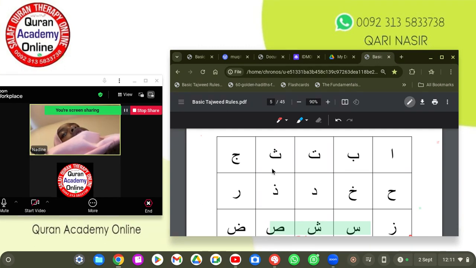Sheen, seen, za, ra, zal, dal, ka, ha, jim, tha, ta, ba, and alif. Nice.